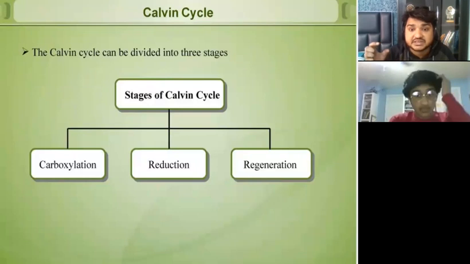Reduction means in this step glucose is getting formed, because when carbon dioxide is reduced, it forms glucose. Regeneration means whatever reactant we had, we form it again, so that the cycle keeps on continuing.